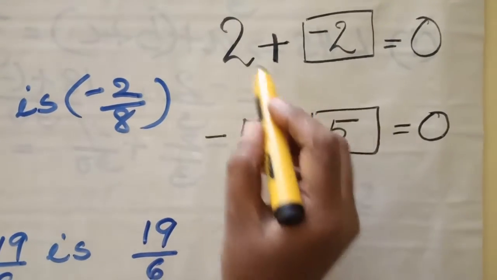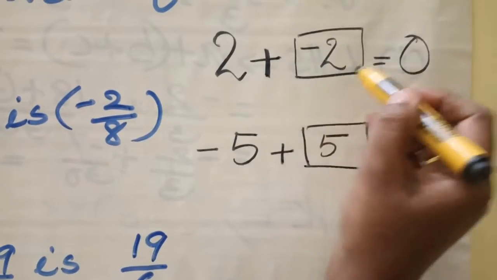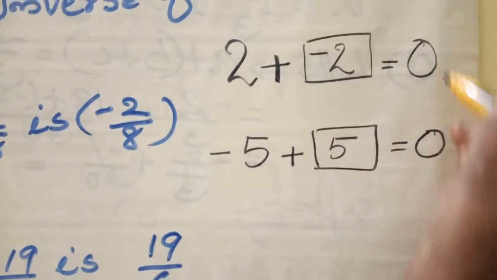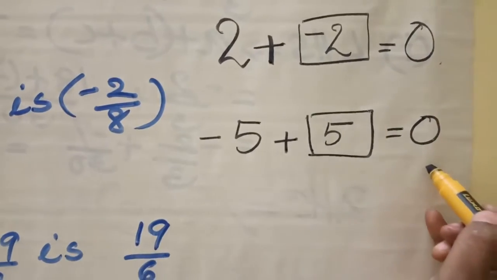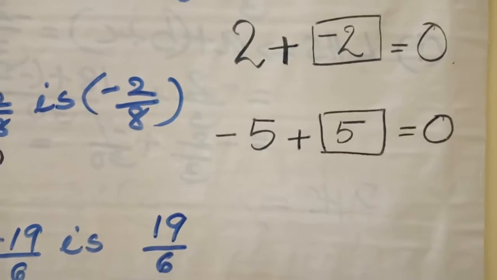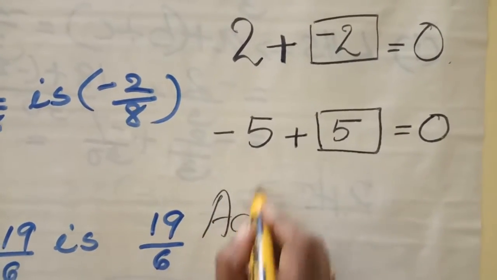That means we consider different integers so that the sum is 0. So you can see that this 0 is common to all these sums for different integers. So this 0 is called additive identity.